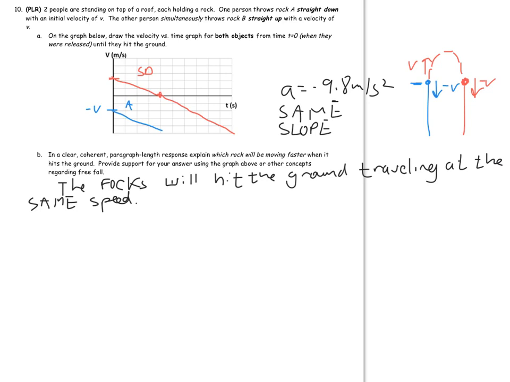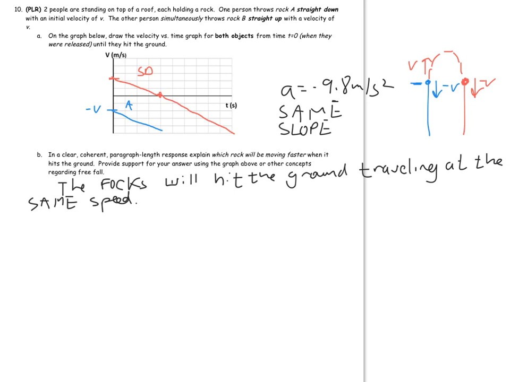So if I consider the flight of A, that's actually identical to B once B returns to that level from which it was thrown. So that last part of the flight of B is the same as the flight of A. We can also see this on the graph.